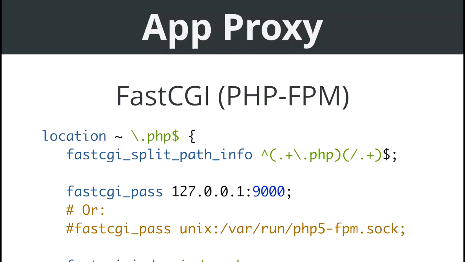So that's fastCGI split path info, and then we just pass it to our localhost port 9000, fastCGI index.php. And then we have another parameter to pass our environment off as production for this application.